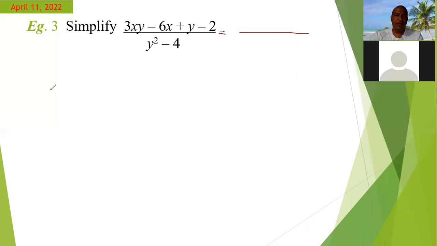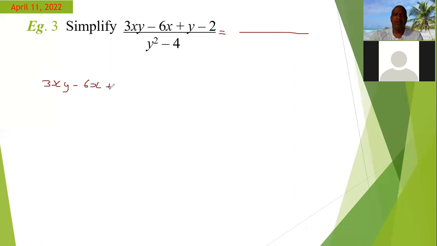So if we take 3xy minus 6x plus y minus 2, it's a 4-term expression.